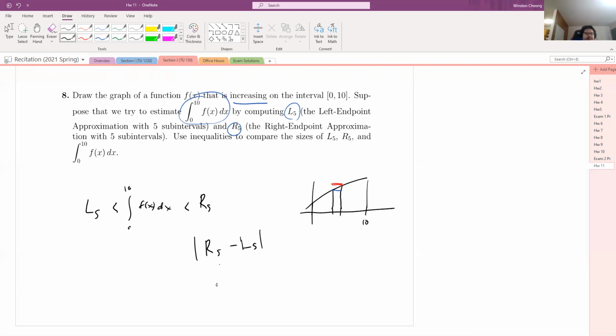Because if the function is growing very quickly, or imagine that it has a very steep slope that aligns perfectly with the number of subdivisions, then in that case you have a very large error. Versus if the function is not changing too much in the subdivisions. So really, it's going to depend on the behavior of the function. So without additional information, I couldn't conclude that much. Okay. That's all I had. Thanks.